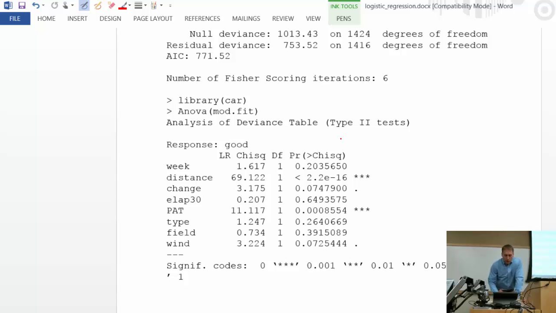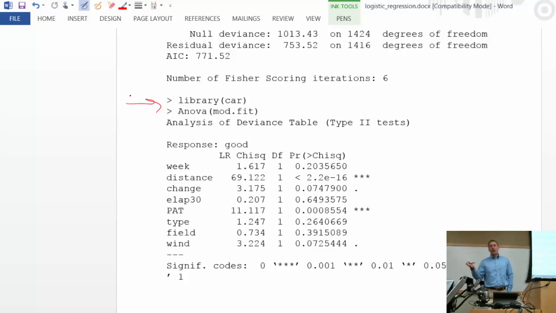To do likelihood ratio tests, we can use a package called car. It stands for Companion to Applied Regression. It's a package written for a book called Companion to Applied Regression. And it provides a nice little function called Anova, and notice the capital letter there.